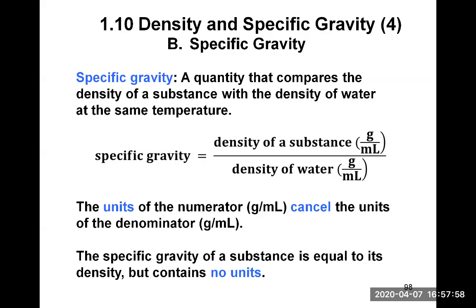We said that it's equal to its density because typically the density of water at room temperature is 1 or very close to 1 gram per milliliter. So that's why specific gravity tends to be just the density of the substance, but with no units. And that ends chapter 1.